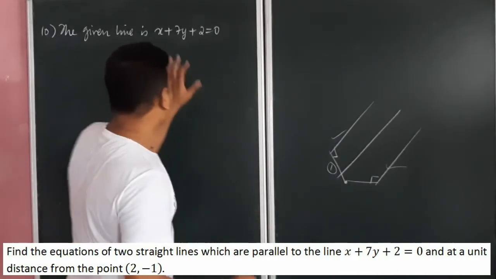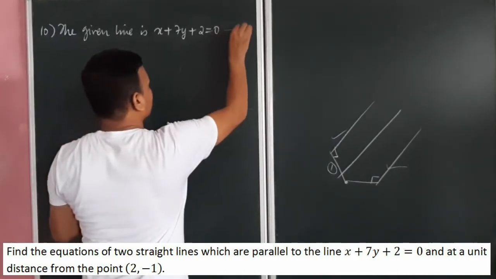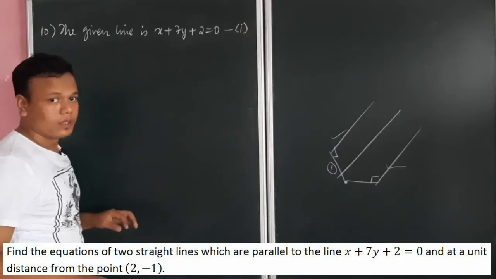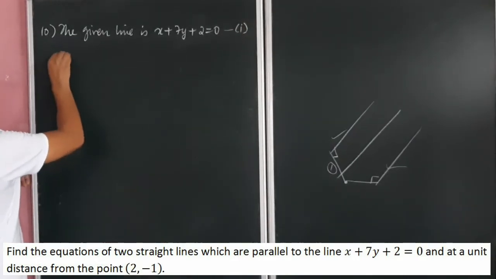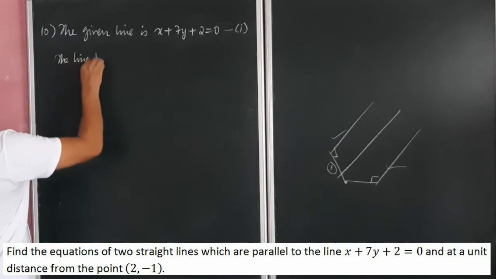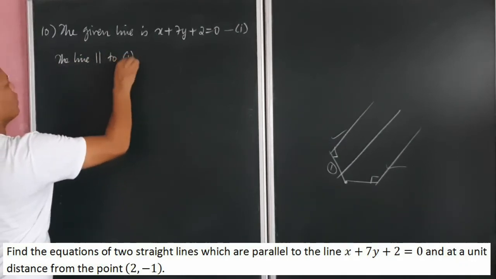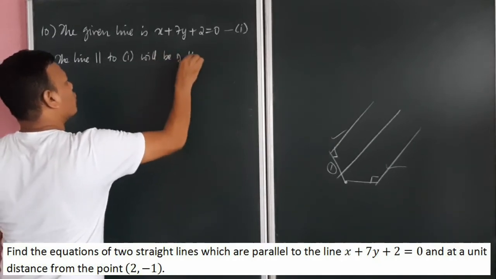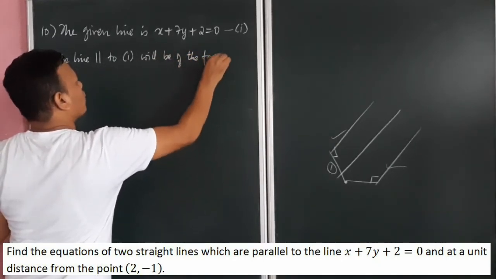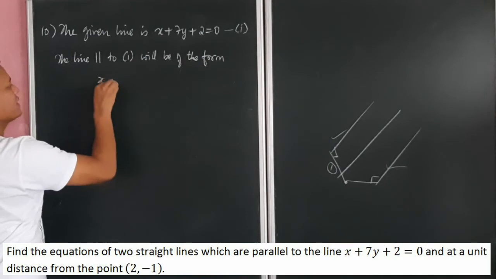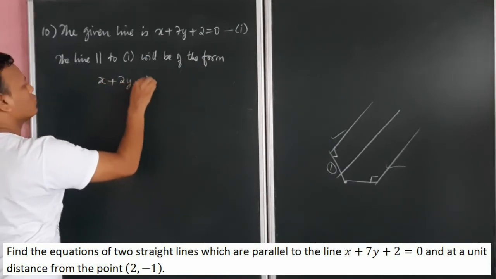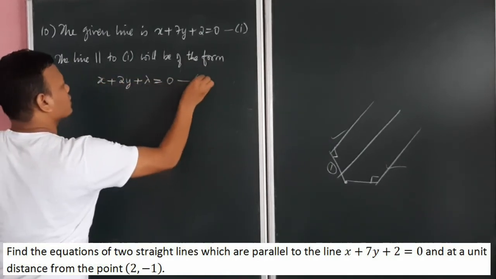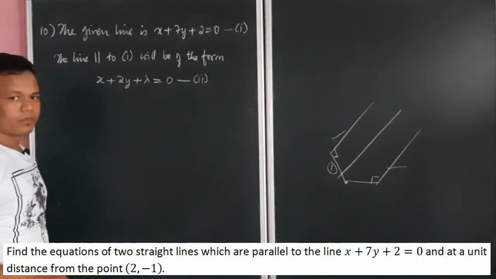So this is the given line. Let me call this equation 1. The line parallel to 1 will be of the form ax plus by plus lambda equals to 0. Let me call this 2.